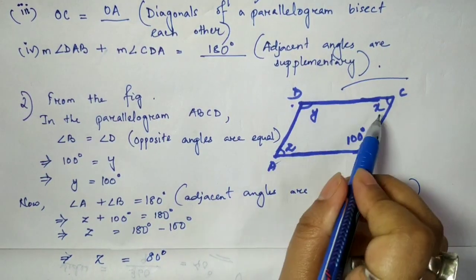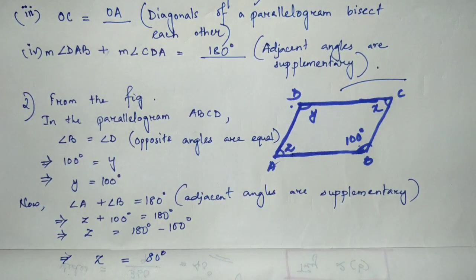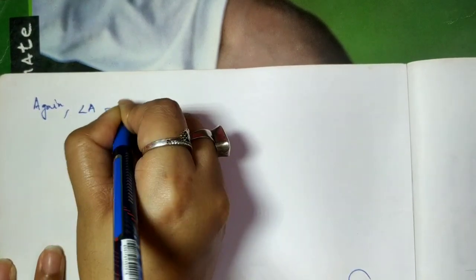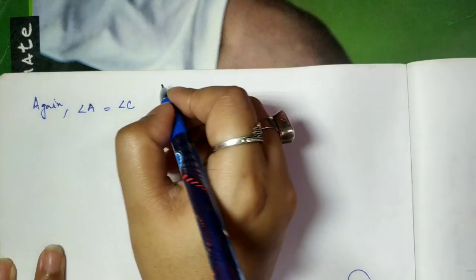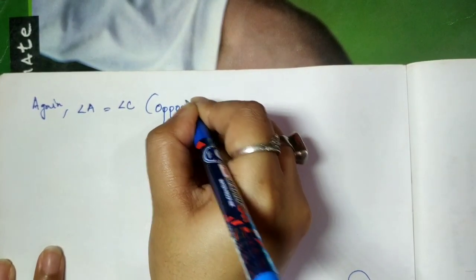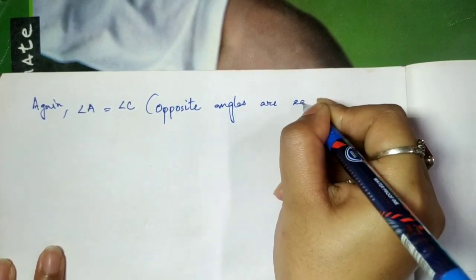Now if I have z, is it not equal to angle A? That means, is it not equal to x? They are opposite angles. Yes, we'll find x now. So again, we'll write angle A is equal to angle C. Is it not? Yes. What is the condition here? Opposite angles are equal.